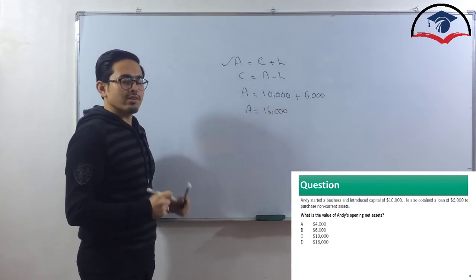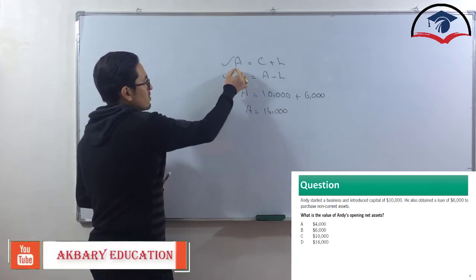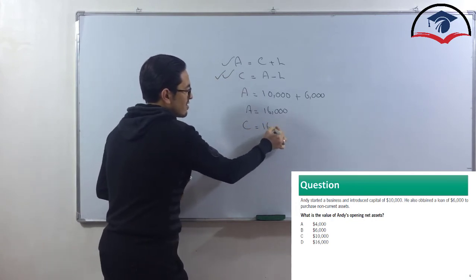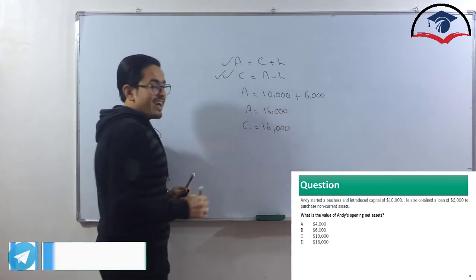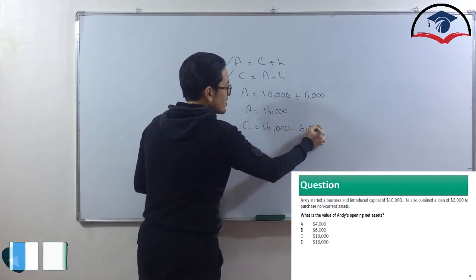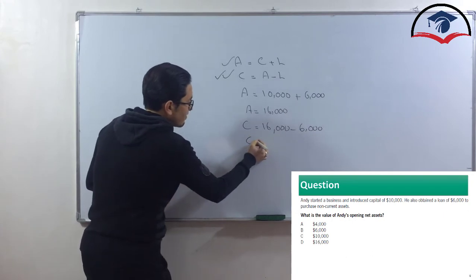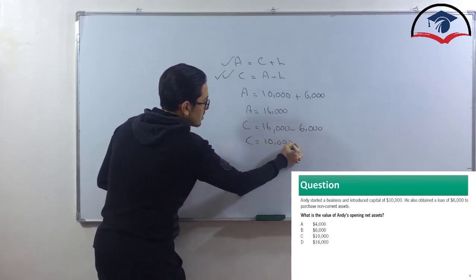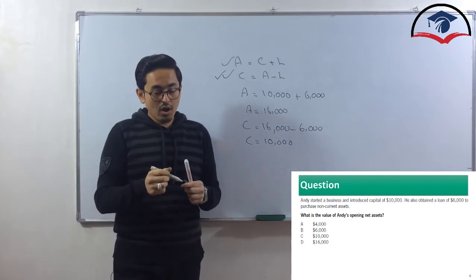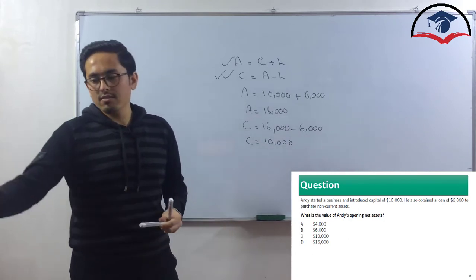If we now use the second formula, the capital of the business is equal to 16,000, the total asset of the business, minus liability, which is $6,000. So the capital of the business is equal to $10,000. This is the net asset of the business. So option C is the correct answer.